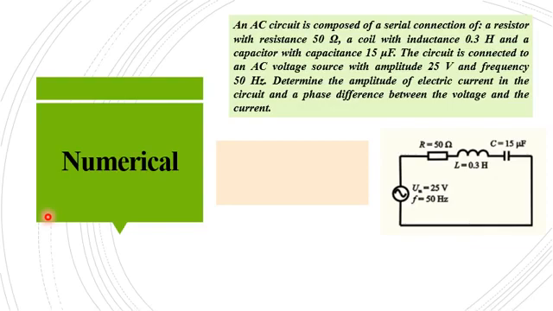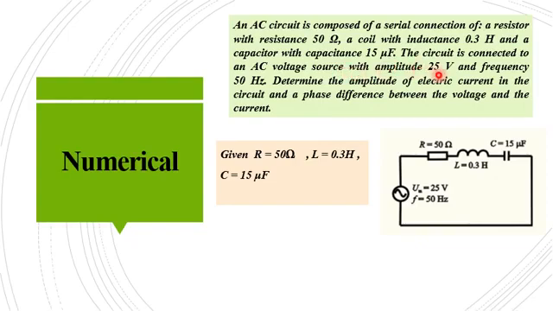The circuit is given in the question. Here we can see that it is a series RLC circuit. First of all, we can write the given parameters. It is given that R is equal to 50, L is equal to 0.3 Henry, and C is equal to 15 microfarad. The amplitude of the source voltage is 25.